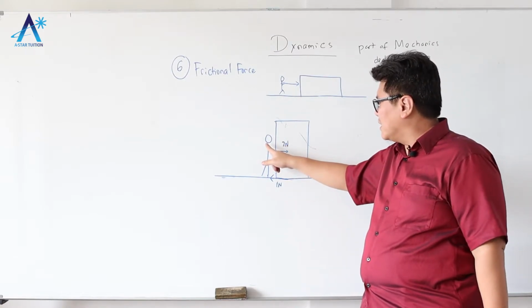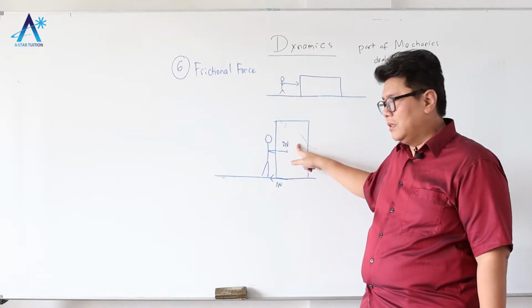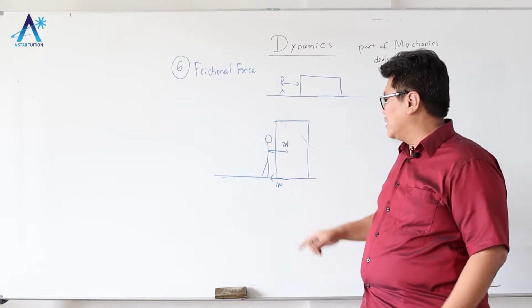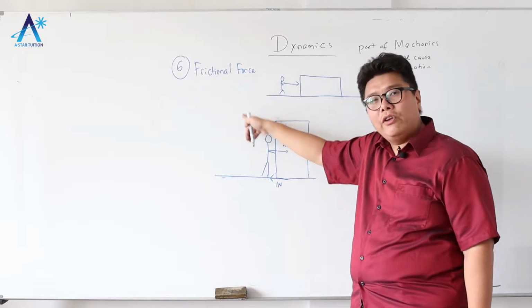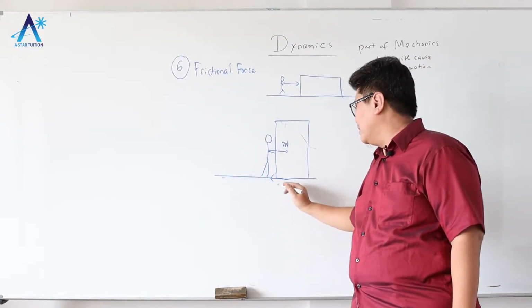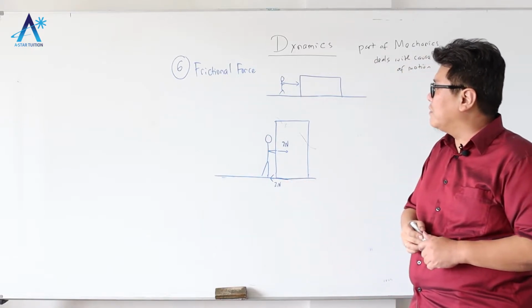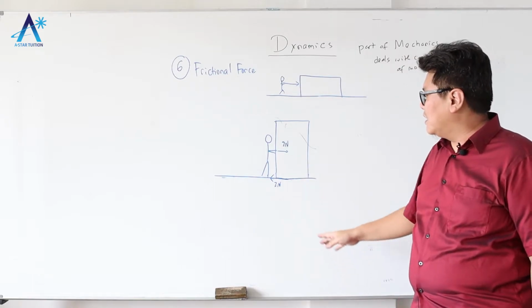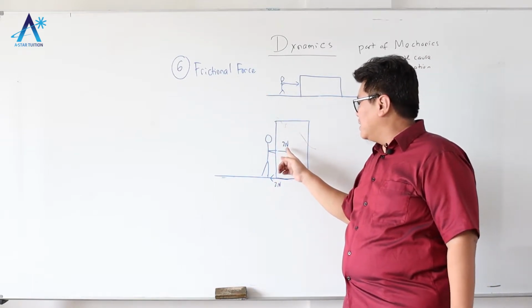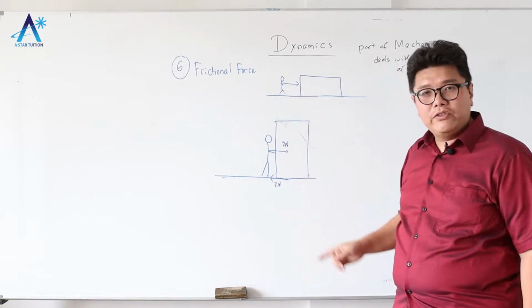But then the force given is 2 Newton. So we can conclude that now the frictional force has increased its value to 2 Newton. So you can see that the value of the frictional force is not constant. The value will follow whatever force is applied to the refrigerator.